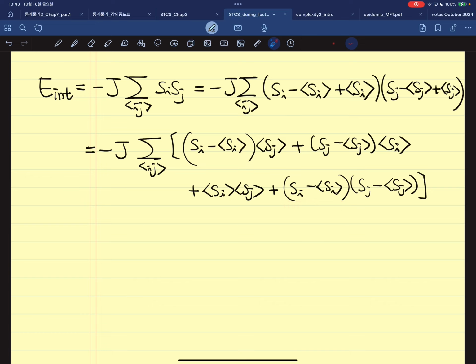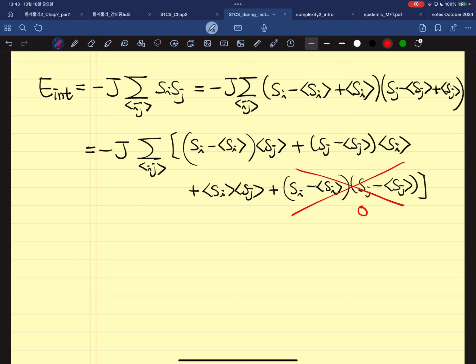This fluctuation provides the individual fluctuation of spin I, and this is the individual fluctuation of spin J. So the important assumption of the mean field theory is, first, to ignore this local fluctuation by assuming that most of the spins will be around the average value.